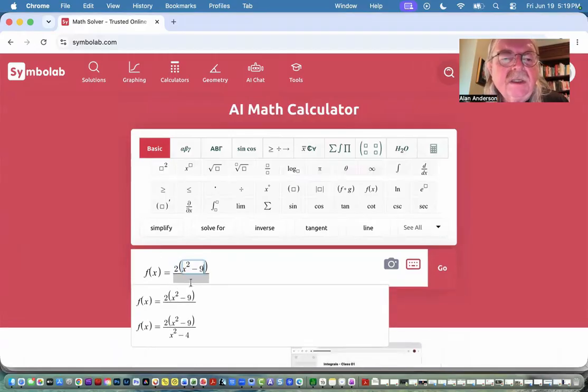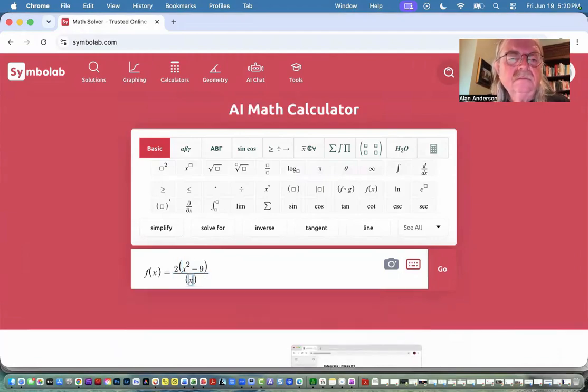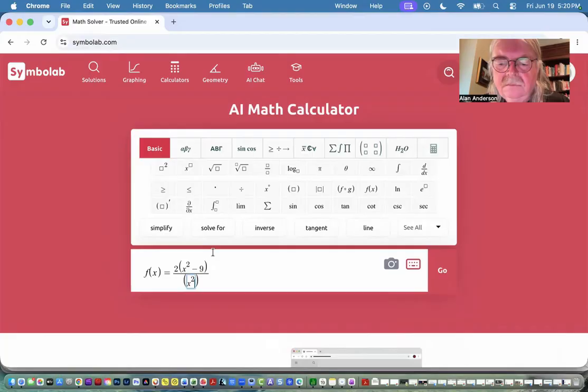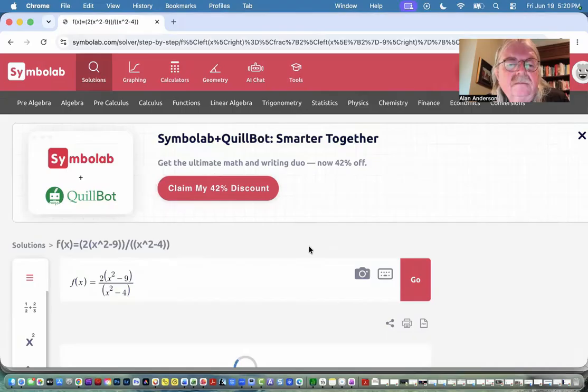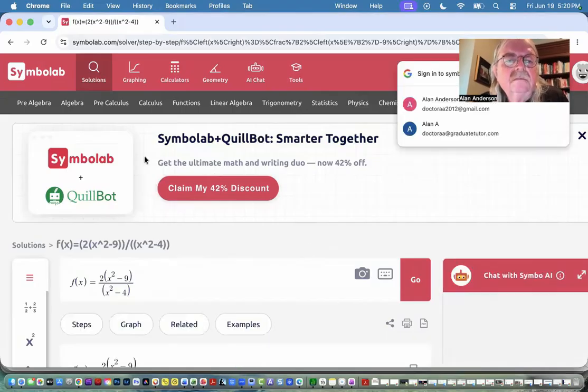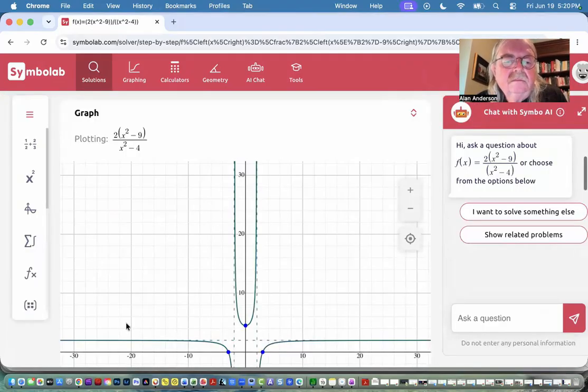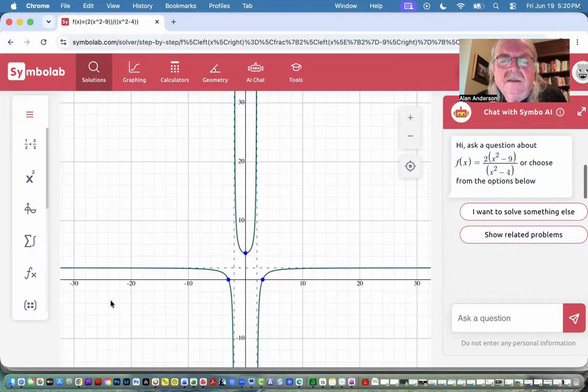You've got to be really careful with it. All right. I think that's 2x squared minus 9 over x squared. Good. Oh my God. Look at that. Ooh. Okay. So, yeah, there's a lot going on there, of course.